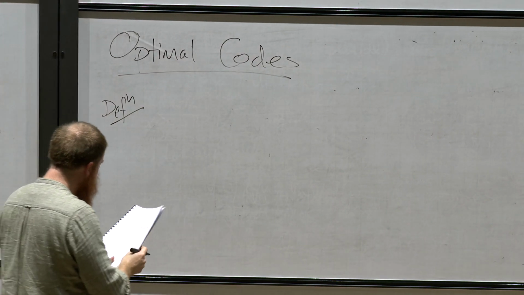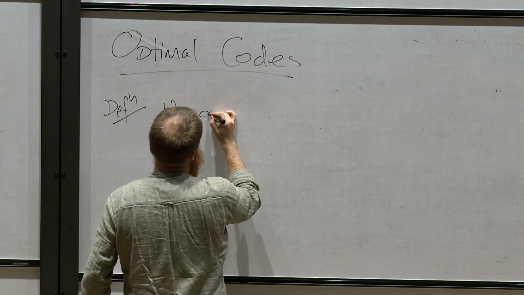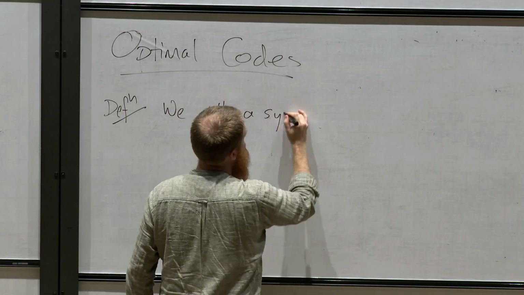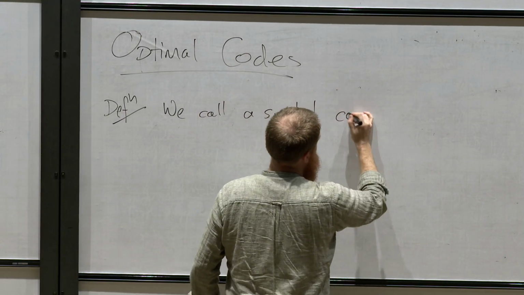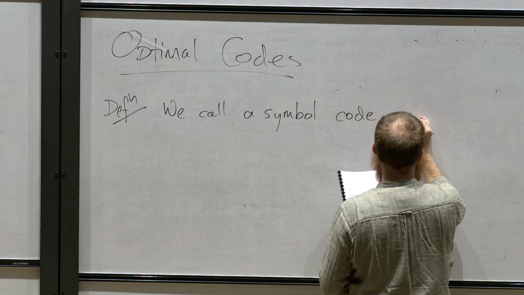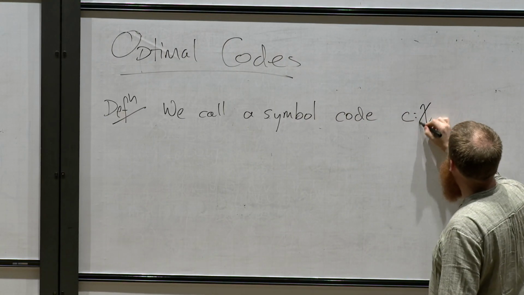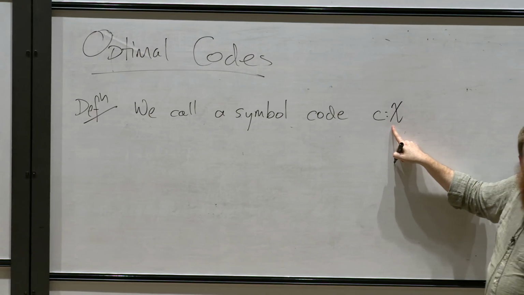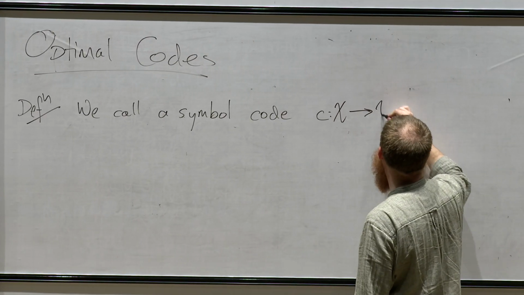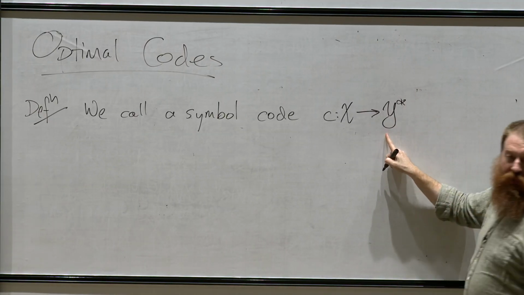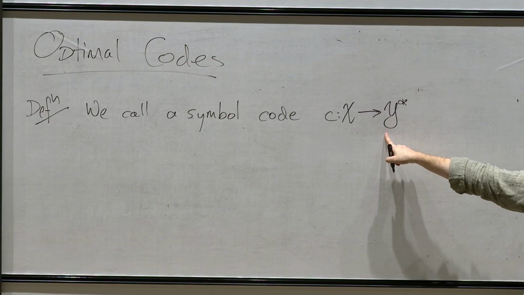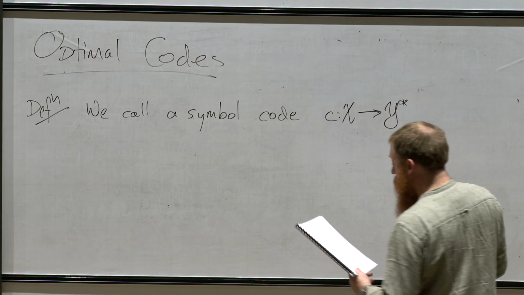So, definition: we call a symbol code C, and remember what a symbol code is, it takes all the input symbols, which are things in X, and maps them to strings in Y, so sequences of output symbols.